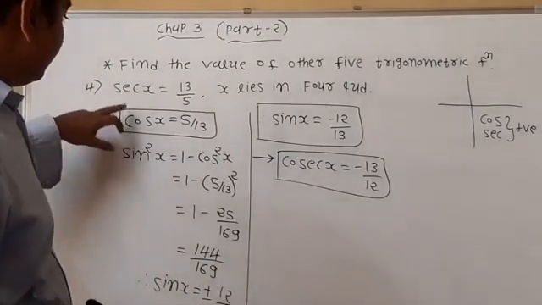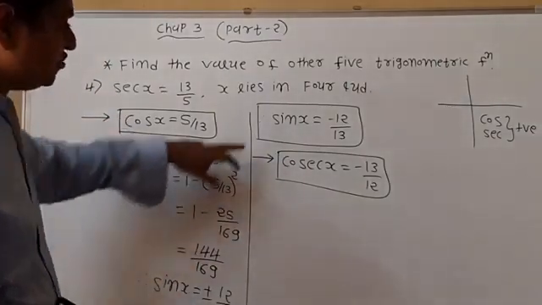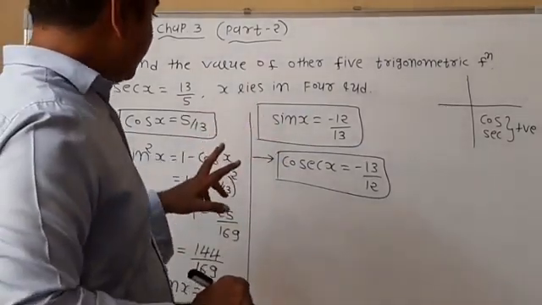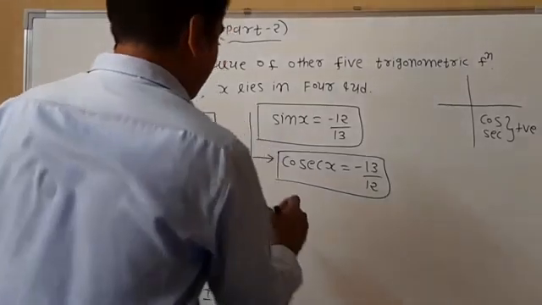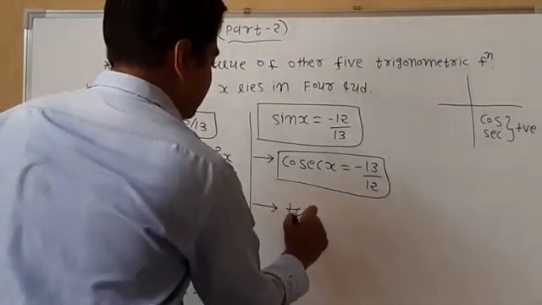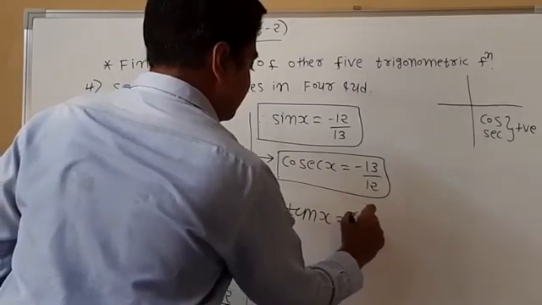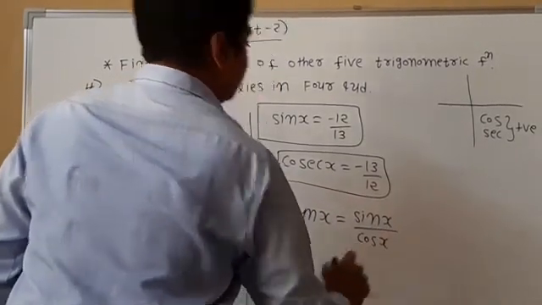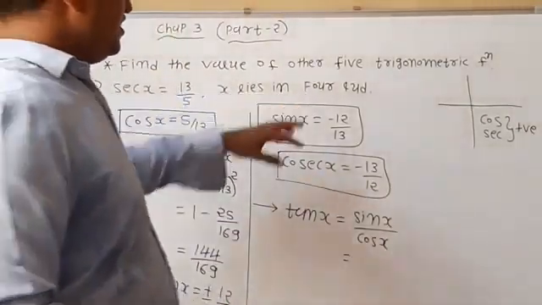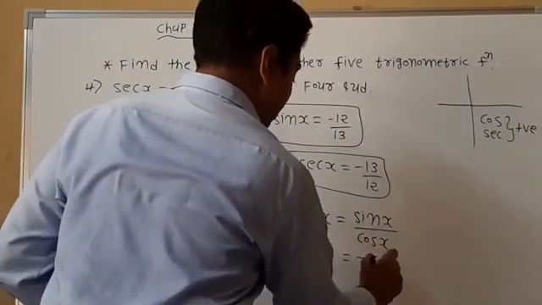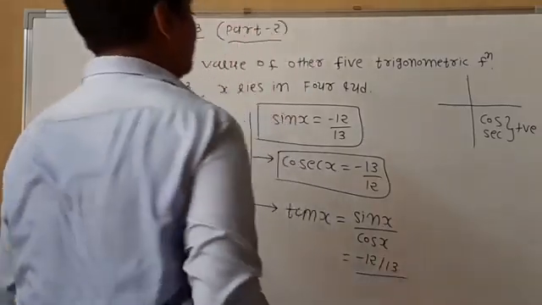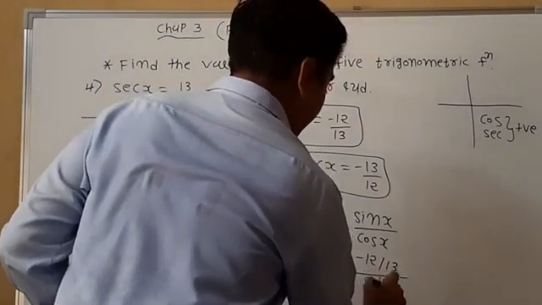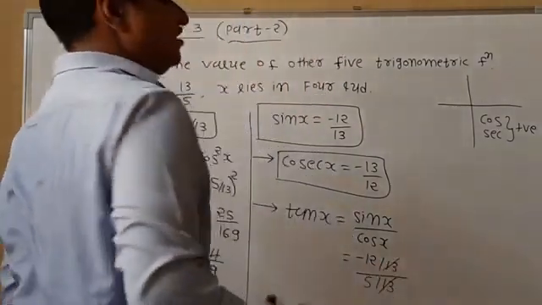Now sec x, cos x found, sin x also found, cosec x also found. Now the remaining two functions, so find the value of tan x. tan x is equal to sin x upon cos x. In place of sin x write minus 12 upon 13, upon cos x, in place of which write 5 by 13. 13 cancels out.